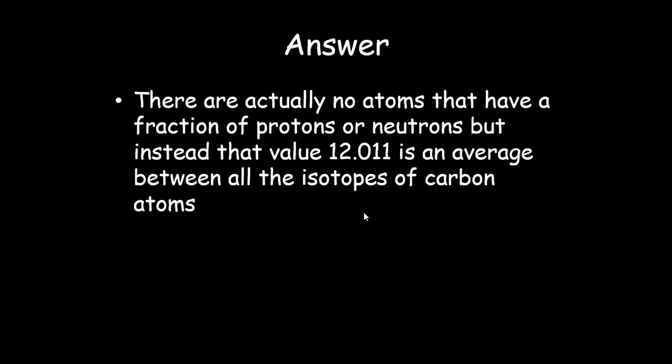So when they used it in the lab, they would get the 12, because it's not guaranteed that all of the carbons they get in the lab would be 12 or would be 13. There are no chances that you can find an atom with mass 12.011 AMU. So the answer is A.